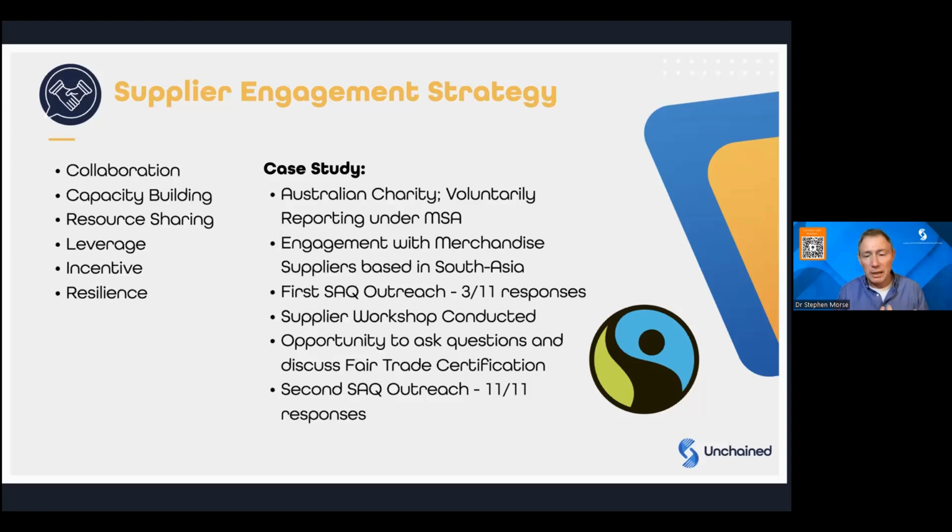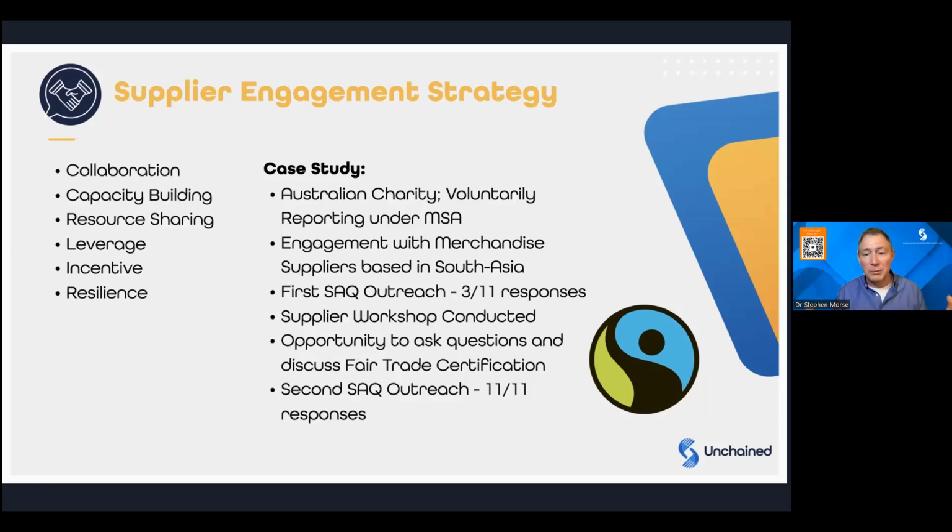What we mean by that is that one of the tensions, and maybe you've experienced this yourself as a B2B supplier, is that you just get issued with a self-assessment questionnaire, an SAQ, and you just fill that in and send it back to your corporate client, and you have no idea whether they've done anything with that information and if they're going to act on it.